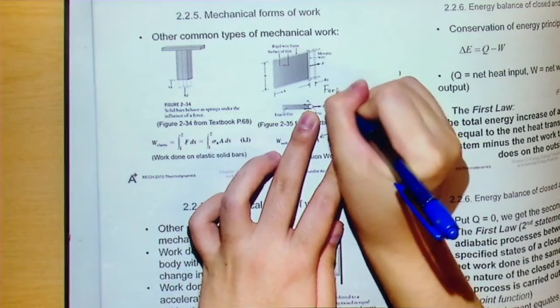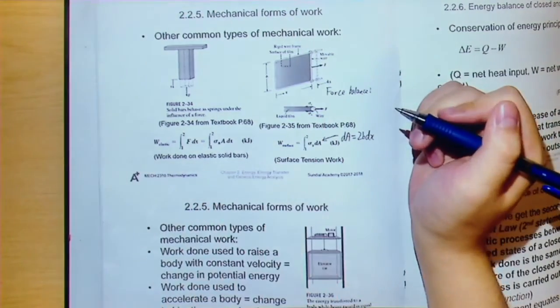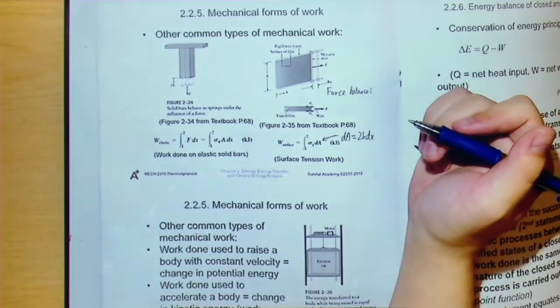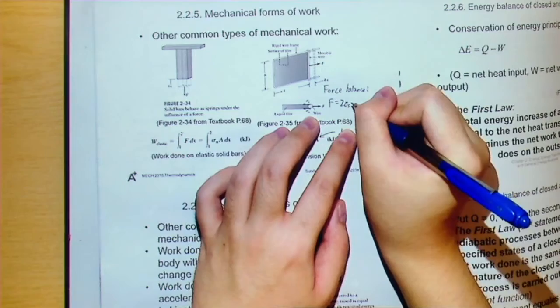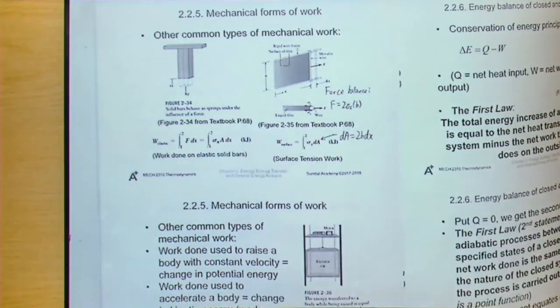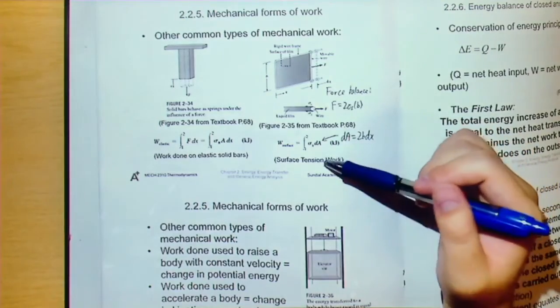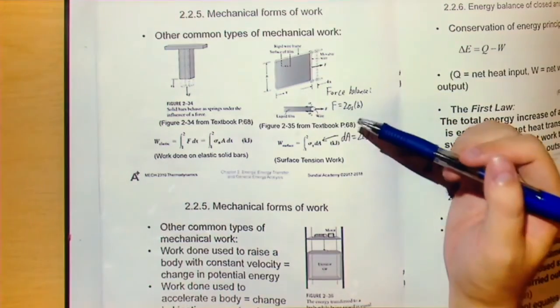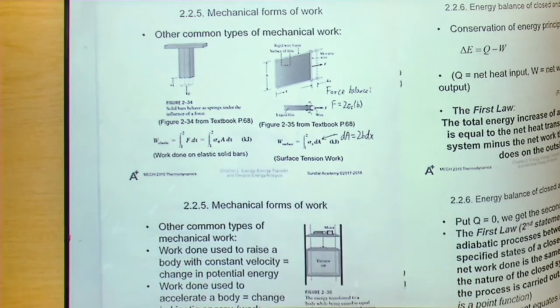So we will have a force balance here. As I've mentioned, we have negligible acceleration in this case, so it will have F equal to 2 sigma s times b. Okay? b is the length in this case. So when we multiply sigma s by b, then we will have this expression. Because we have two surfaces, there will be 2 sigma s in this case.